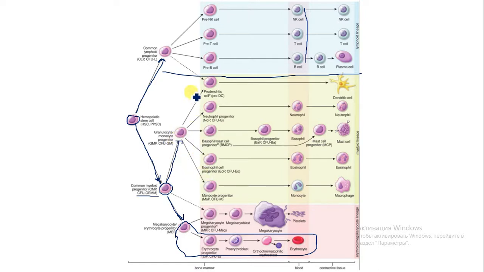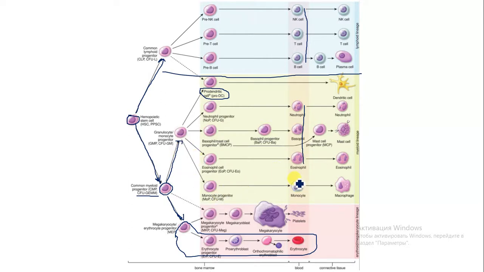Potentially it is also responsible for the pro-dendritic cell, but that's not the point of our discussion. Actually, we'll discuss this next semester, as I said before. And the granulocyte monocyte progenitor produces granulocytes, neutrophils, basophils, and eosinophils, and monocytes also.